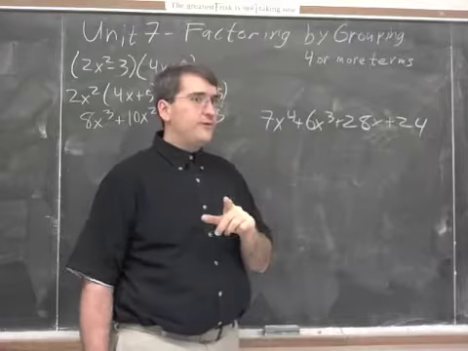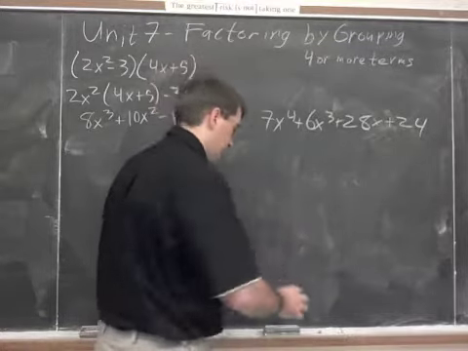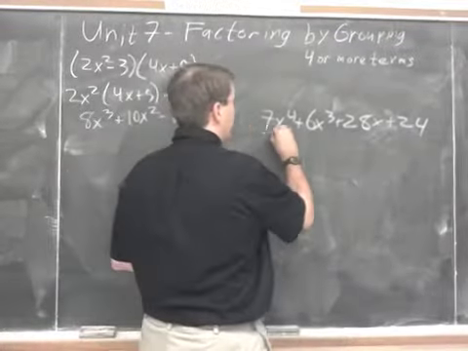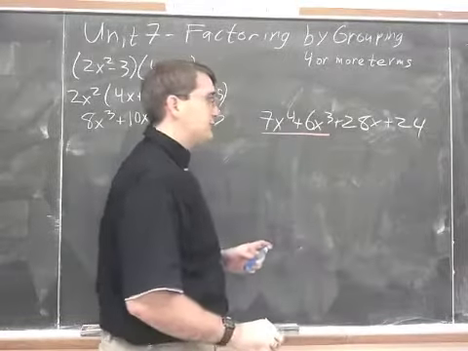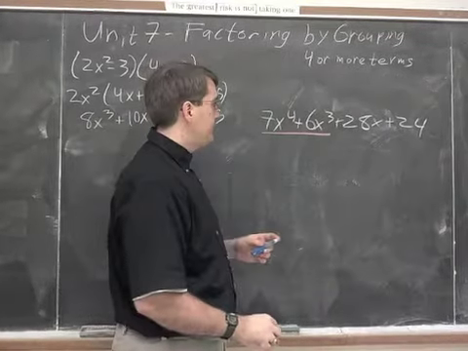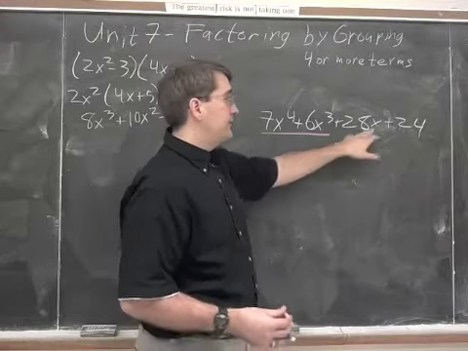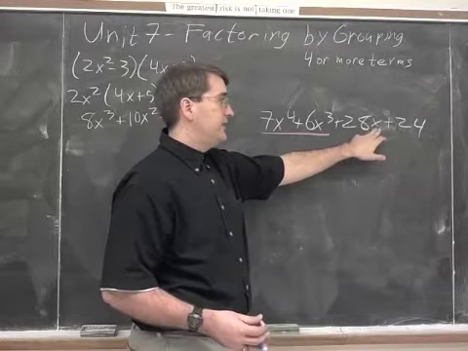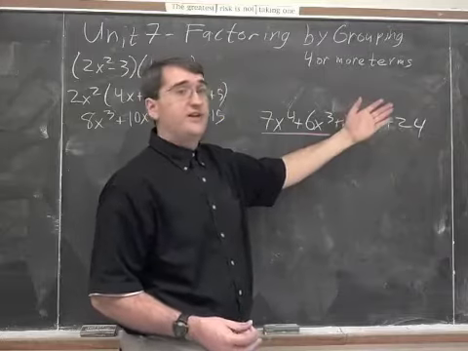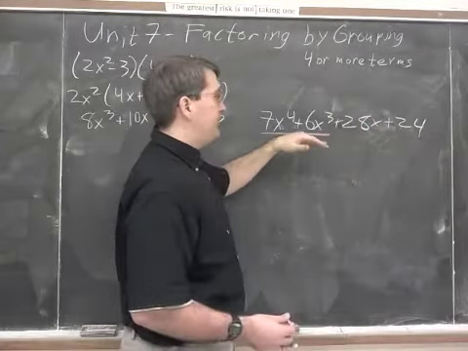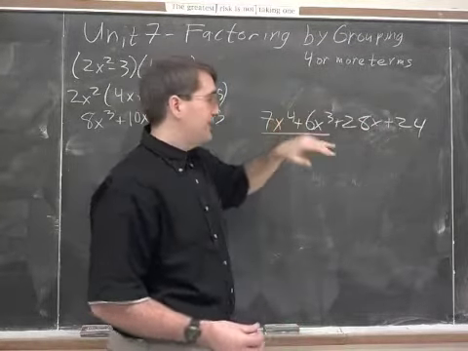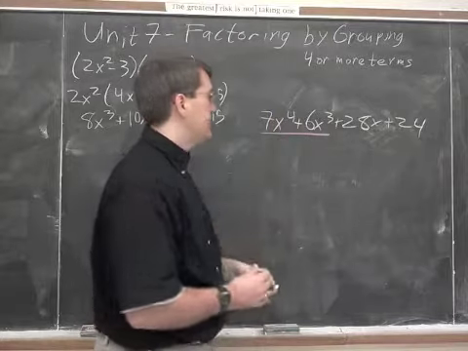But you might notice that pairs of the polynomial do. The 7x to the 4 and the 6x cubed, for example, we could take an x to the third out of them. If we extended that red line all the way to 28x, we would have only been able to take out an x. The factoring by grouping method works exactly like what we're doing here.